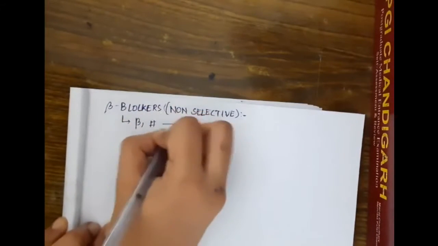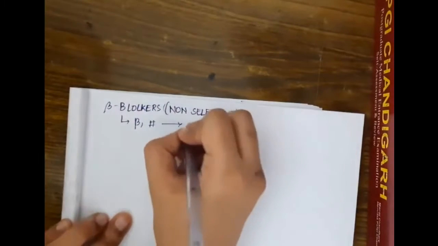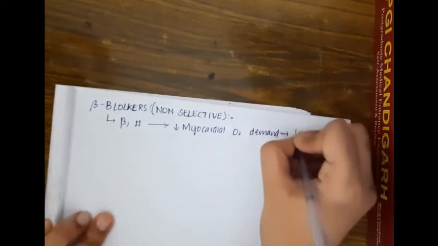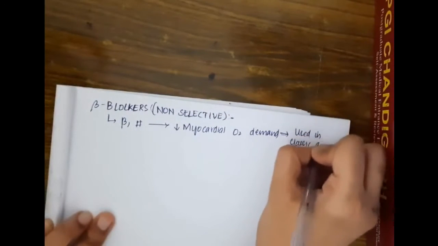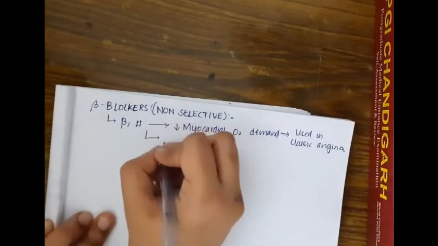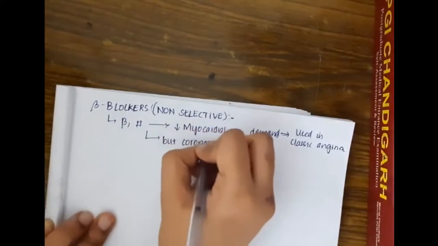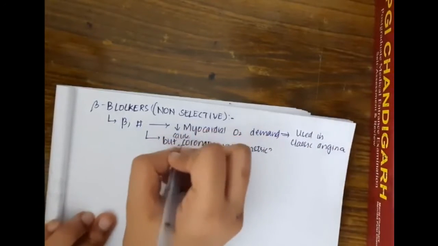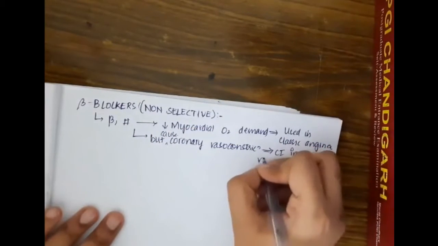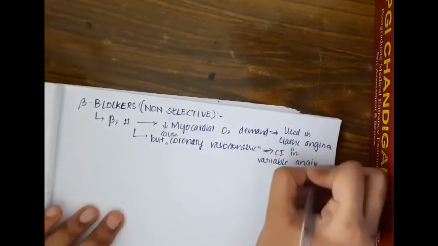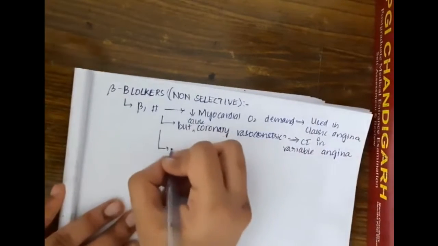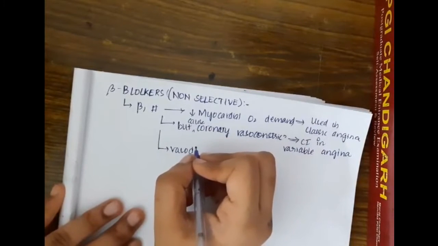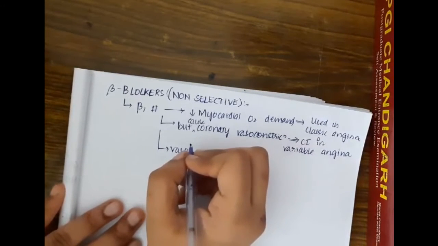Beta 1 blockade will decrease the myocardial oxygen demand and thus is used in classic angina. Beta blockers can also cause coronary vasoconstriction, so they are contraindicated in variant angina. These are the two important things about beta 1 blockade.